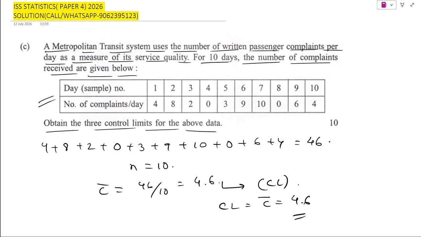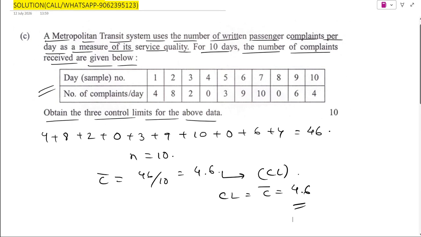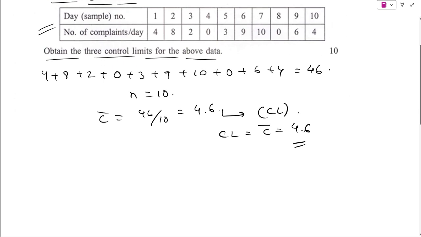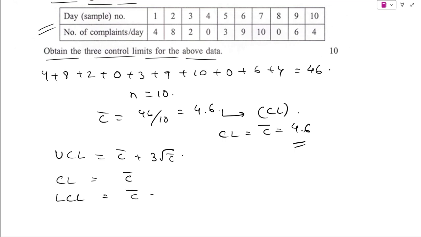Now for a C chart, the standard formulas are: the upper control limit, UCL, is equal to C bar plus 3 root C bar, the central line CL is equal to C bar, and the lower control limit LCL is C bar minus 3 root C bar. Now, why do we use 3 sigma limits?